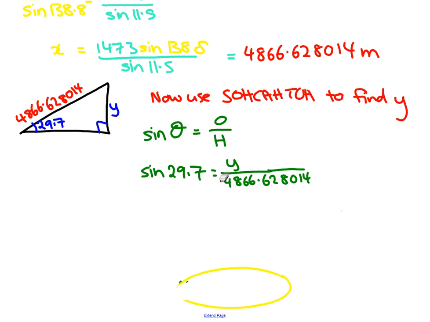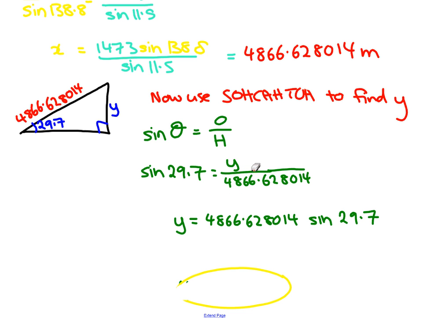We get Y by multiplying both sides by 4,866 point blah blah. When you multiply this whole term by that, it cancels out this number.